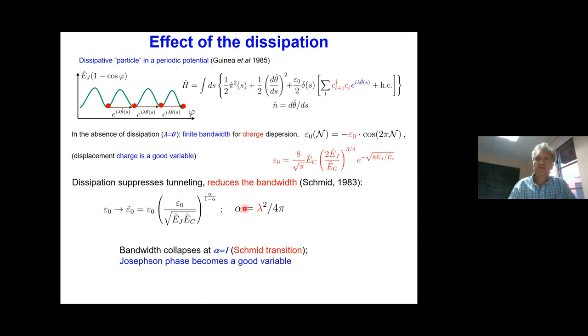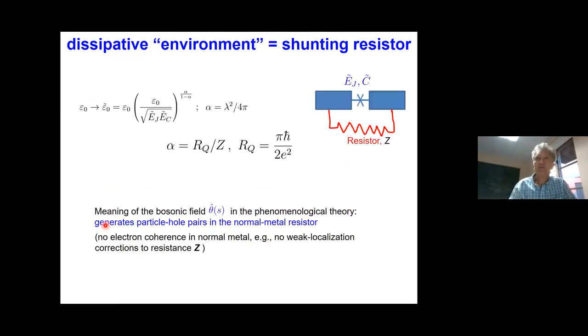This exponent alpha is proportional to lambda squared, and there is a critical value of alpha equals 1, when the bandwidth just collapses. The collapse of the band corresponds to the system becoming superconducting, because collapse of the band means that the phase will be localized.